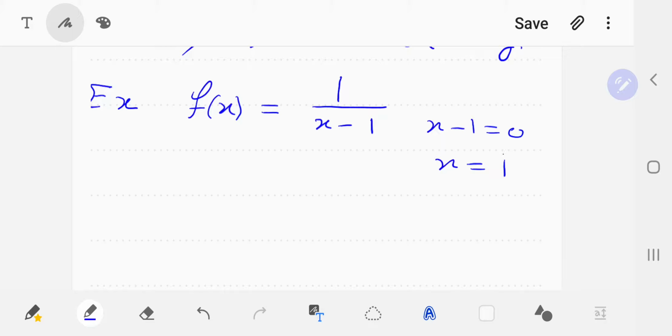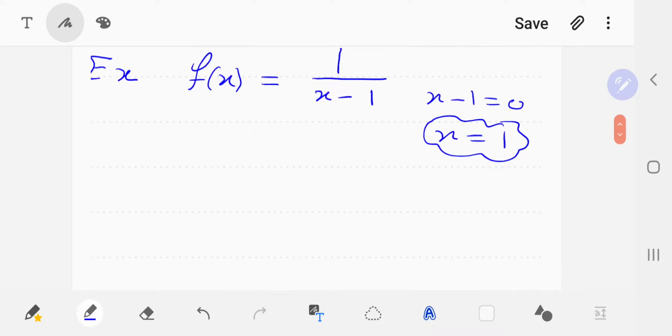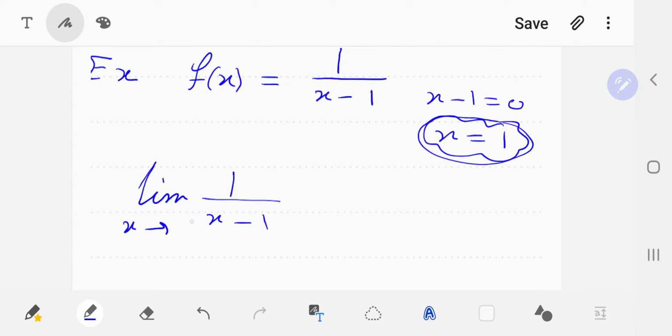So we have a possible value here, which is x equals 1. This is a possible value where we may have a vertical asymptote. How to check that? That's simple. Just evaluate the limit of the function when x approaches this value 1 from either side, right or left.